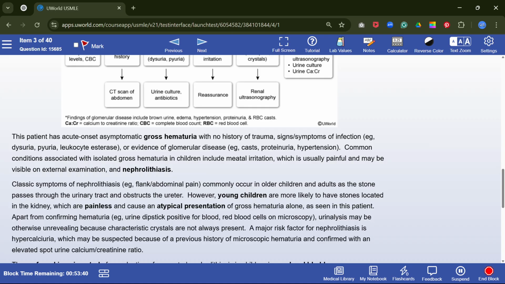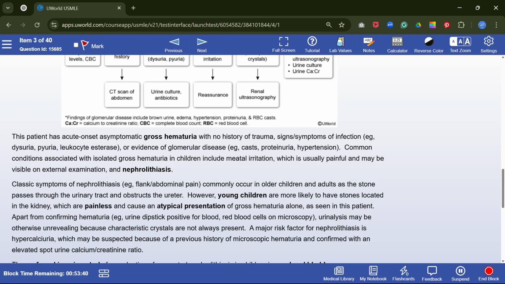Classic symptoms of nephrolithiasis, flank or abdominal pain, commonly occur in older children and adults as the stone passes through the urinary tract and obstructs the ureter. However, young children are more likely to have stones located in the kidney, which is painless and can cause atypical presentation of gross hematuria alone, as in this patient.